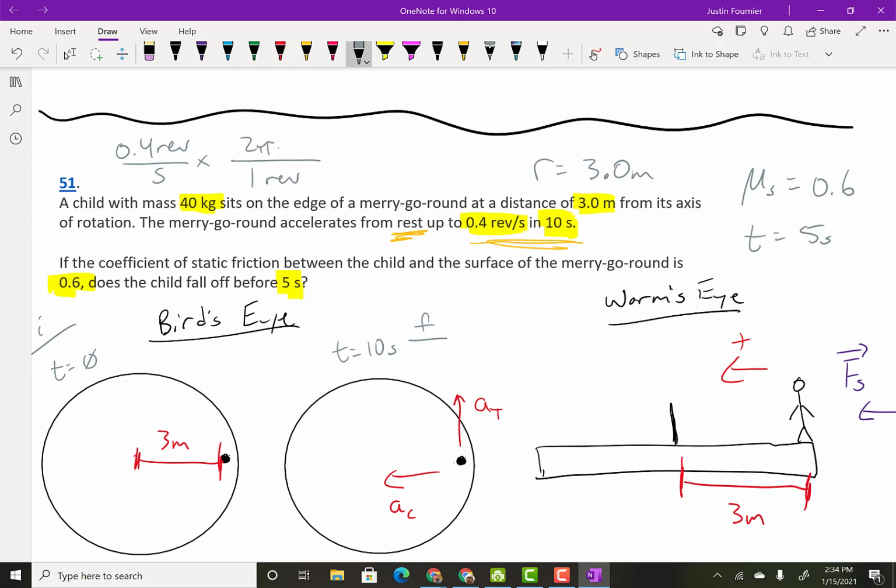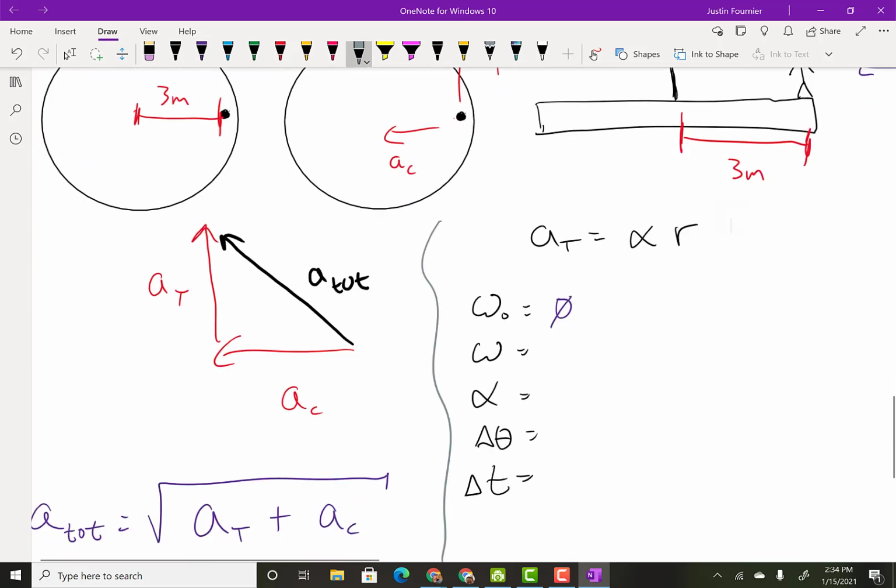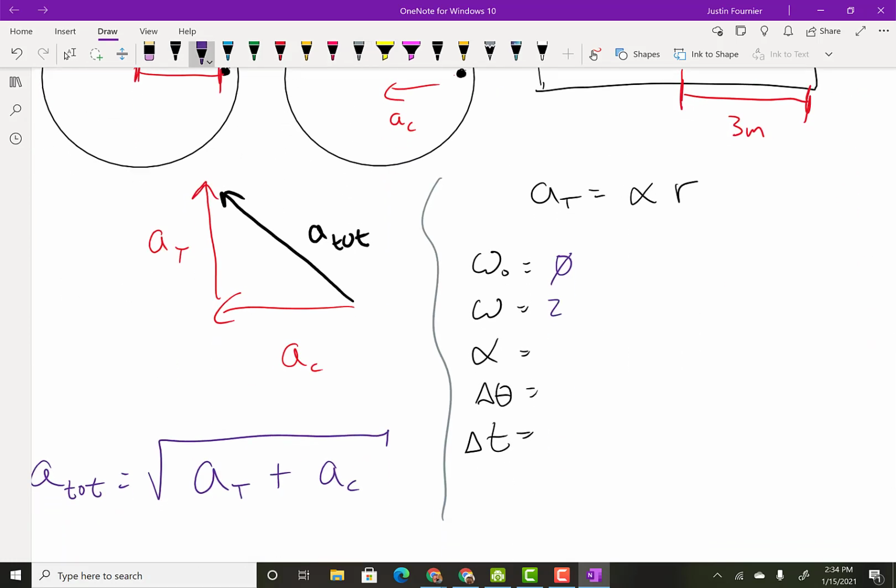The revolutions cancel, and I get 2.51 radians per second. That's my final angular velocity.